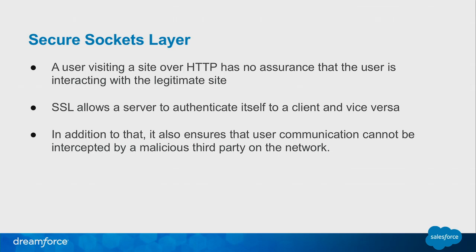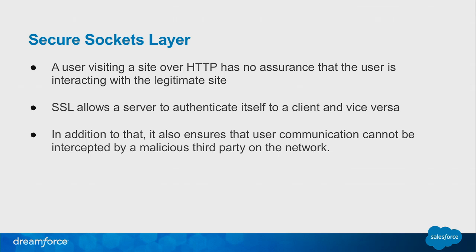Now, once you are able to verify the party you're talking to, then you can establish a mutual symmetric secret with Salesforce.com, which lets you encrypt all future communication that you're going to have with Salesforce. What that means is now you're guaranteeing confidentiality on that connection.